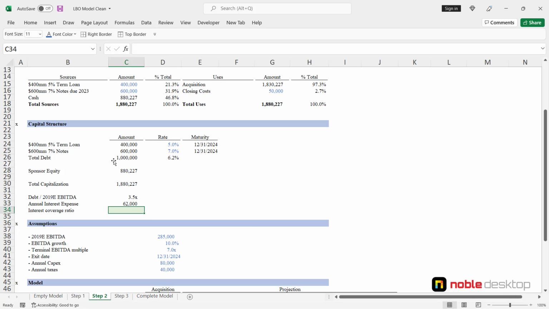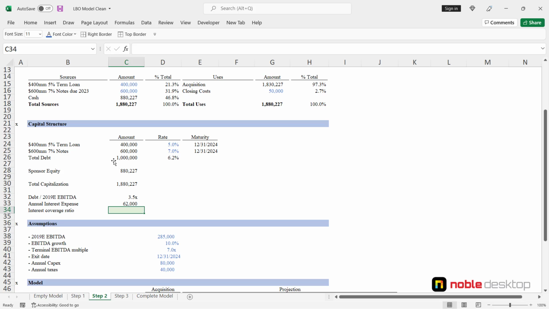And then my interest coverage ratio, which is a debt and profitability ratio used to determine how easily a company can pay interest on its outstanding debt. The interest coverage ratio is calculated by dividing a company's EBITDA by its interest expense during a given period.